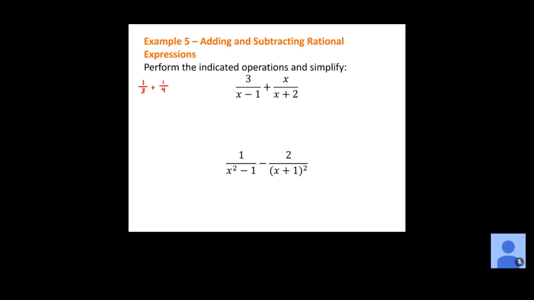We have this denominator of x minus 1 and this denominator of x plus 2. The common denominator is going to be the product of those two things. We have to multiply them together. So this first one's going to be x minus 1 times x plus 2, and this other one's going to be exactly the same thing, x minus 1 times x plus 2.